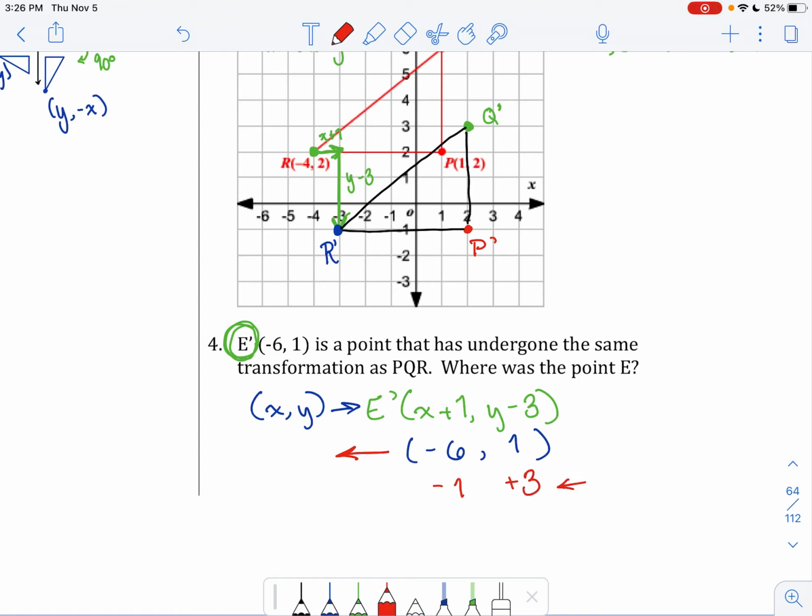So you'll notice here that we're doing inverse operations to undo, just like we would if we were solving. So if E prime is negative 6, positive 1, then the original point E is negative 7, positive 4. So that's why I say pay attention to the apostrophes. They're small, but they're really important for these problems.